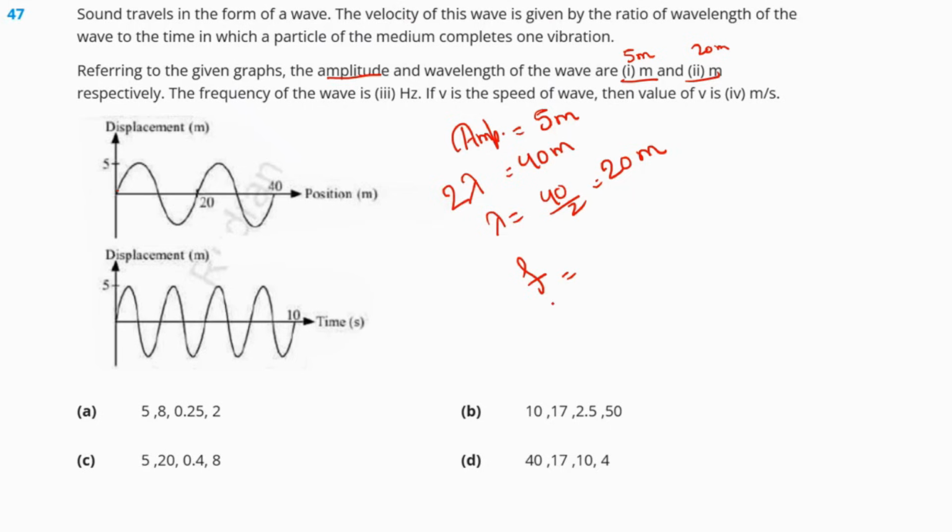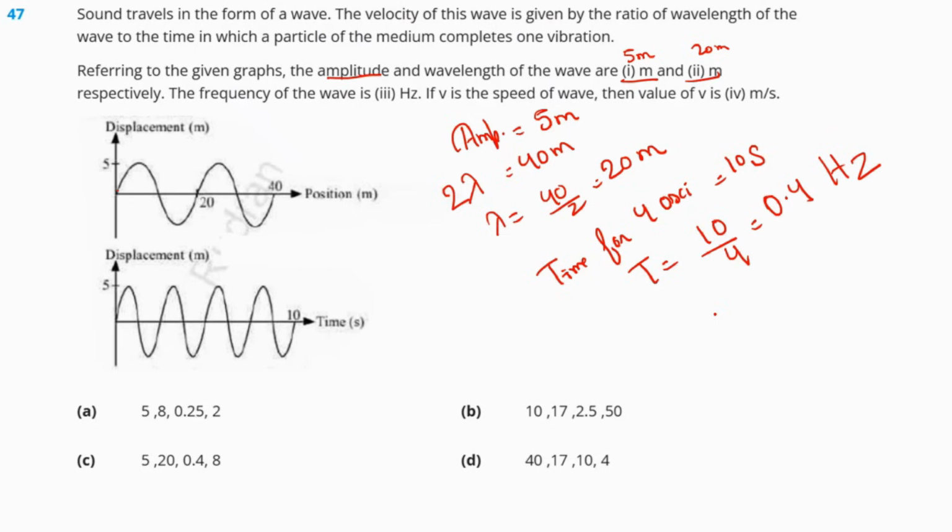So, time for 4 oscillations equal to 10 seconds. So, T is equal to 10 by 4. So, it is 0.4.